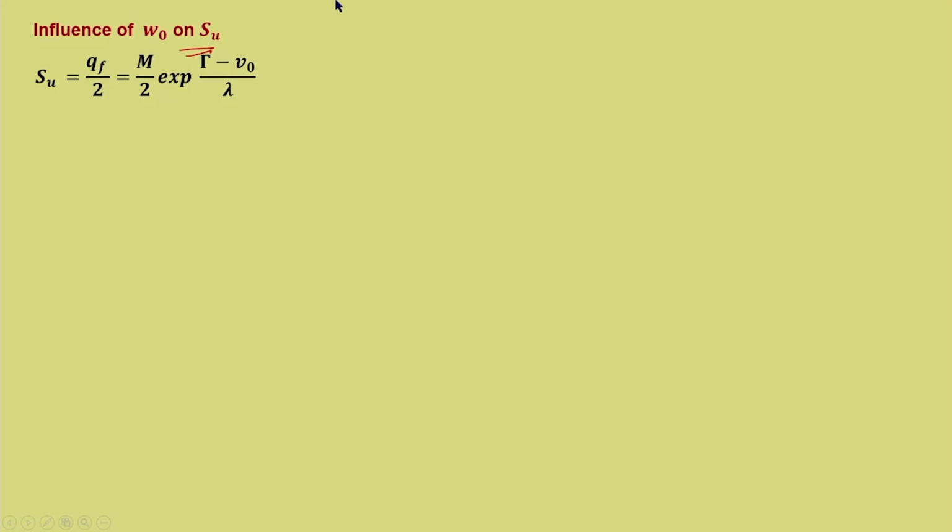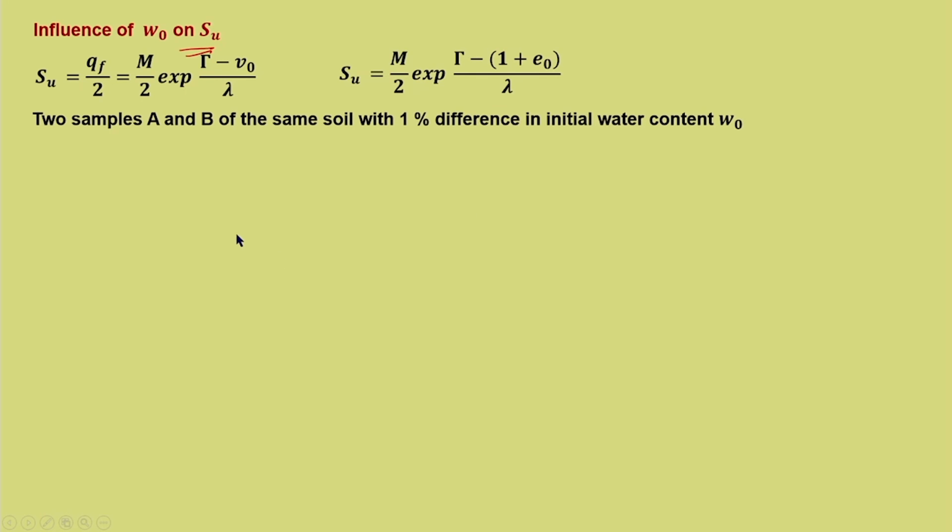of initial water content on undrained shear strength. Just to prove that, SU is equal to QF by 2, is m by 2 exp gamma minus V naught by lambda, that is SU m by 2 exp gamma minus 1 plus E naught upon lambda. Let us consider two samples A and B of the same soil with 1% difference in initial water content W naught.